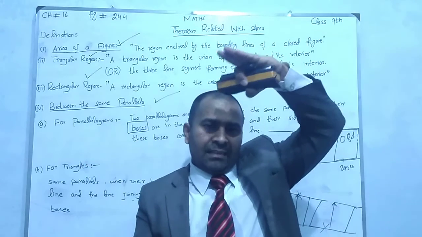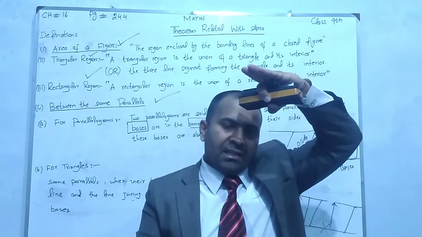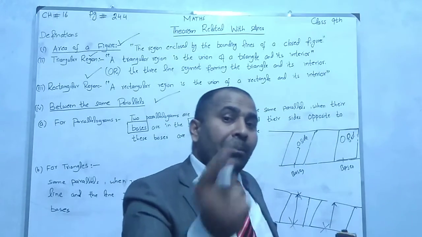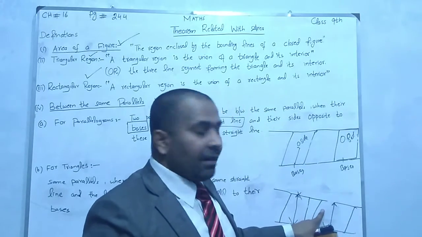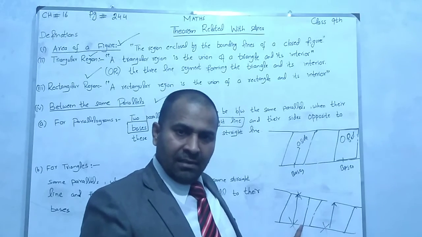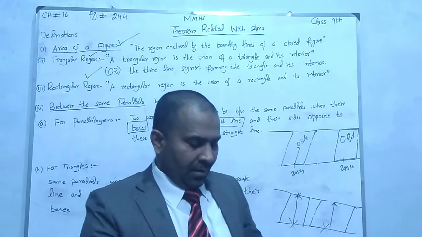But if one is shorter in length and the other larger in length, they will not satisfy, like I discussed in the previous example. But here they will satisfy both conditions. Base is on the same straight line and the opposite side is also on the same straight line.